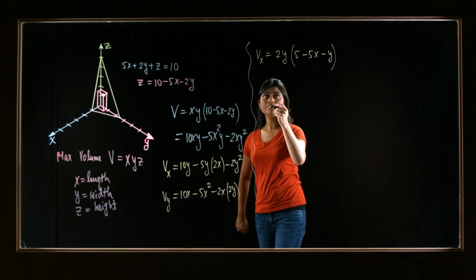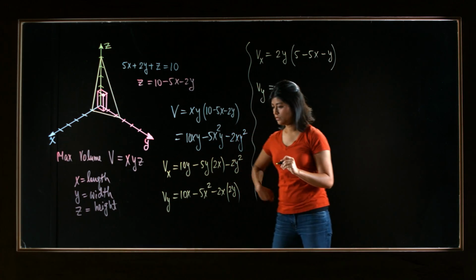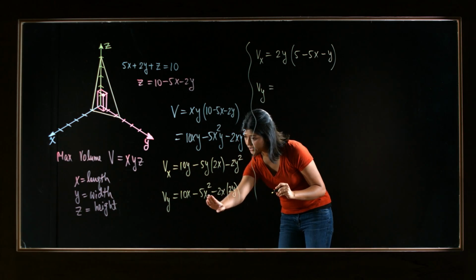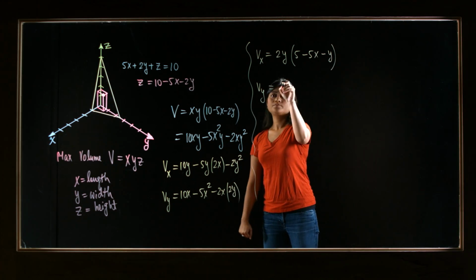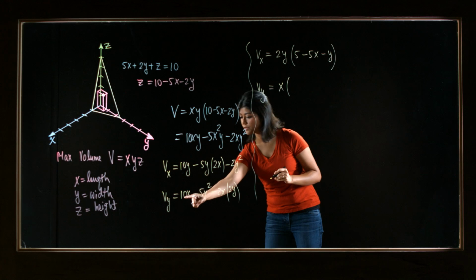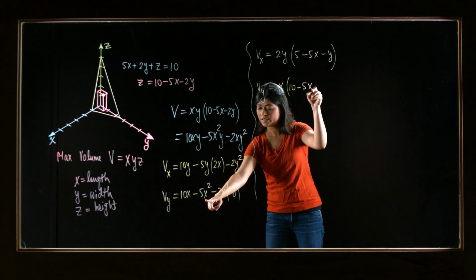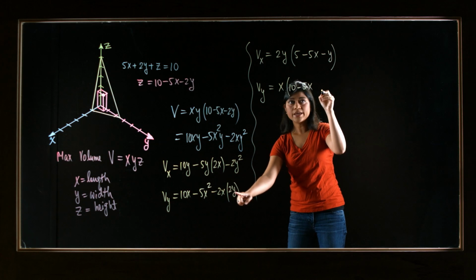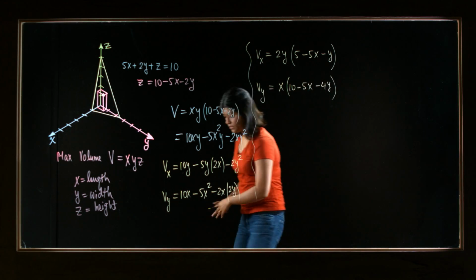Okay, and then for Vy, let's see, what's the common factor? We have x, just x. So from the first term we have 10, negative 5x, negative 4y.